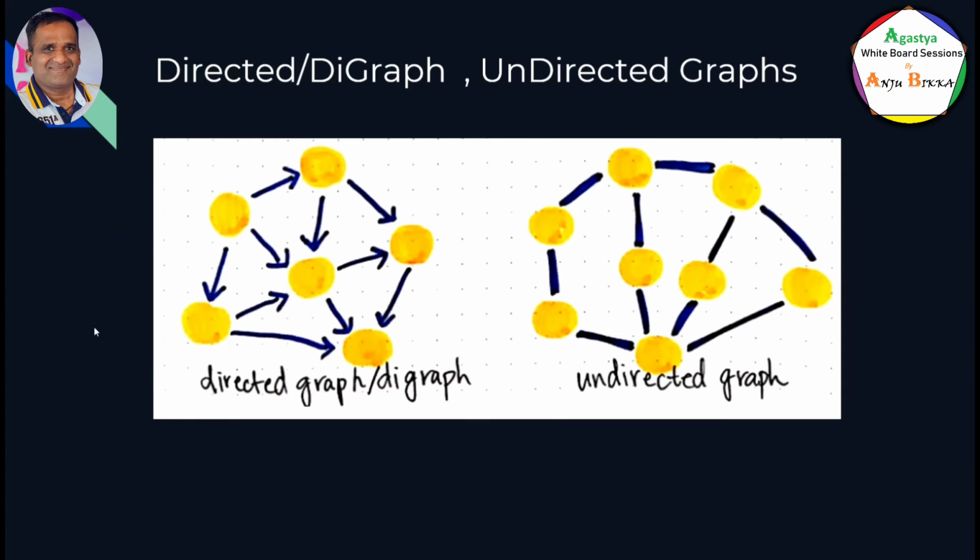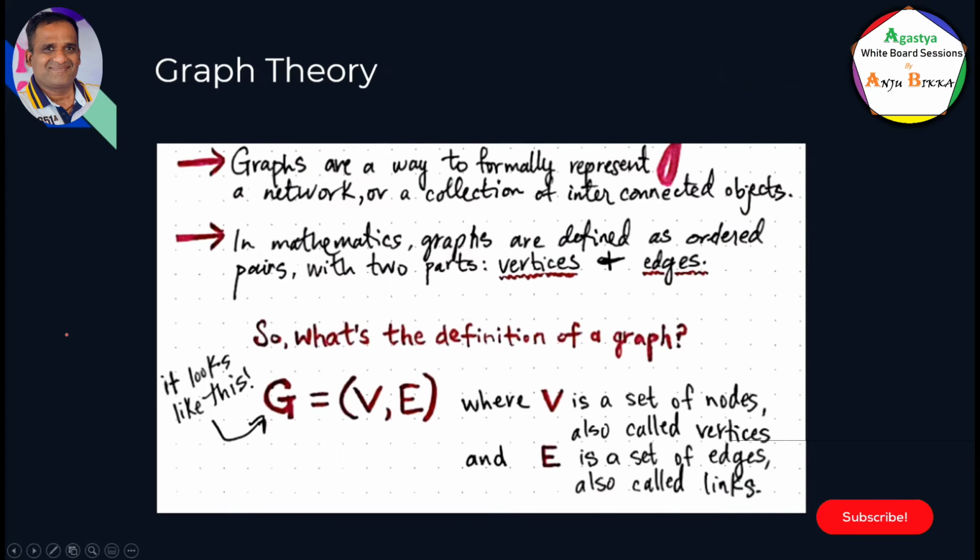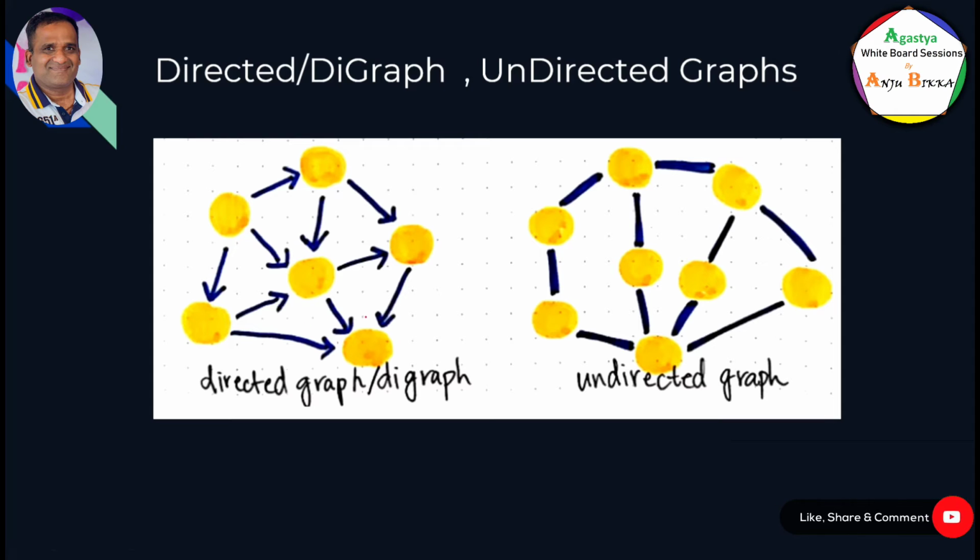Now, we discussed two kinds of edges, directed edge and undirected edge. A graph can't contain a mixture of directed and undirected edges.